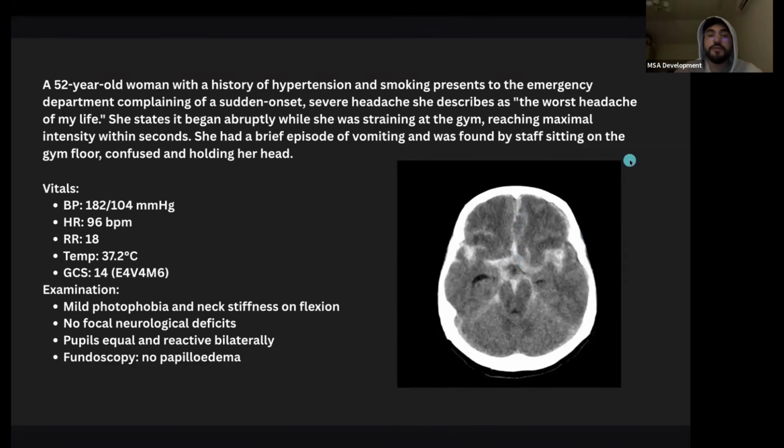Usually it happens from a ruptured aneurysm. Sometimes we have weak areas within, for example, the circle of Willis, all right? Very commonly seen in the anterior communicating artery, okay? And sometimes we can have these aneurysms, and sometimes they rupture suddenly out of nowhere, okay?